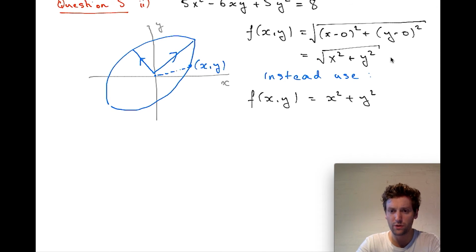What about the constraint, g of x and y equals 0? Well, our constraint here is that whatever this point x, y is, it has to be on the ellipse. It has to satisfy this expression here. So I'm going to rewrite this expression so it has the form something equals 0.